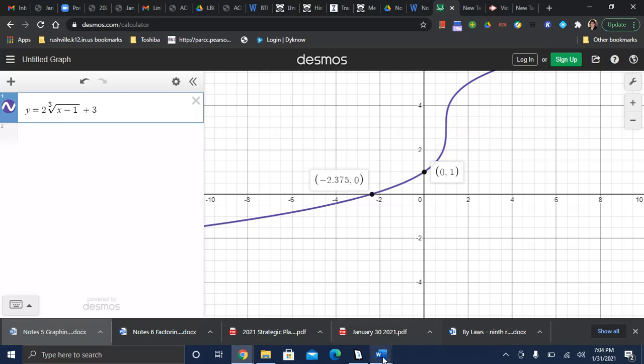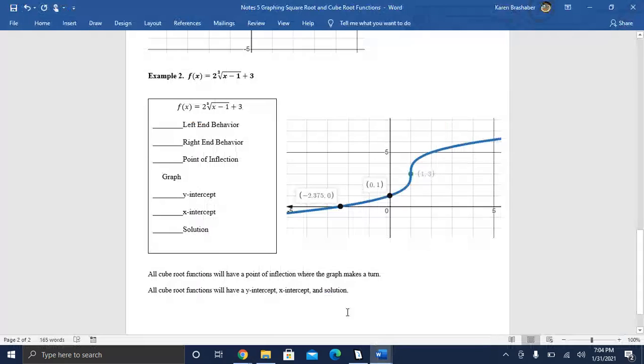So we'll go back to your notes and begin answering the questions about that graph. So we'll start with the left behavior. The left-hand behavior for this graph is that the graph is moving down. So we'll fill in that blank down.